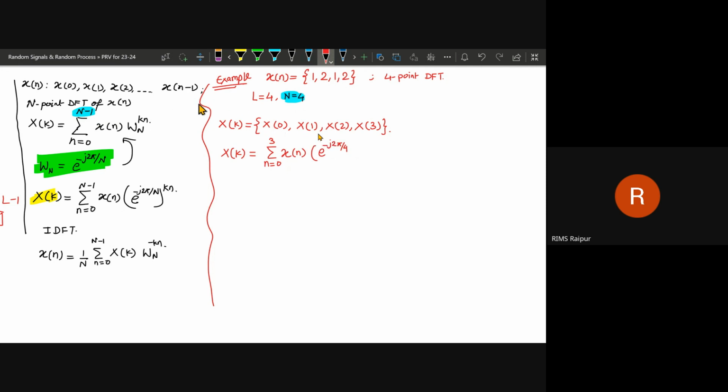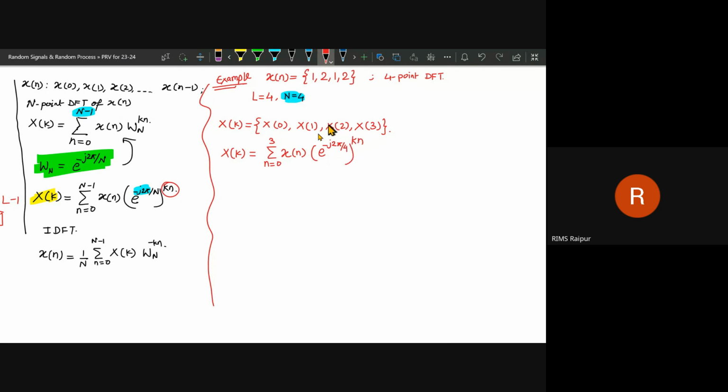Now look at this point. Here it is e raised to power minus j 2 pi. So that's why we have written e raised to power minus j 2 pi, divided by n, and the value of n is 4 here. So that's why we have written minus j 2 pi by 4. Then whole raised to power kn. Now write k as it is and n as it is.